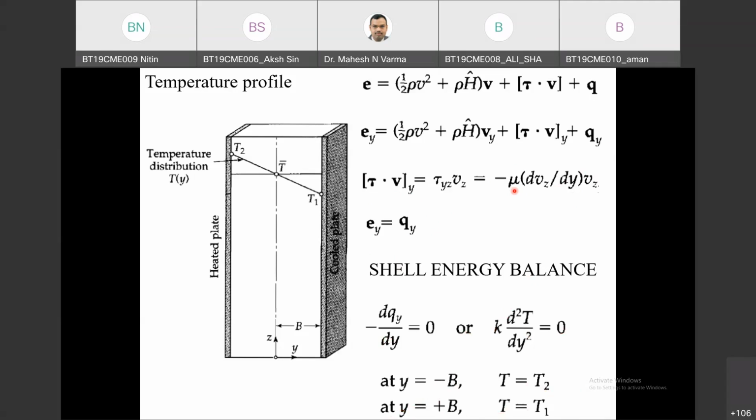This is actually a kind of viscous heating. Viscous heating can be neglected when velocities are small. For viscous heating, either I should have a very large value of viscosity and a large value of velocity. Then you can have some viscous heating. So you can think of a fluid layer rubbing against another and generating heat.